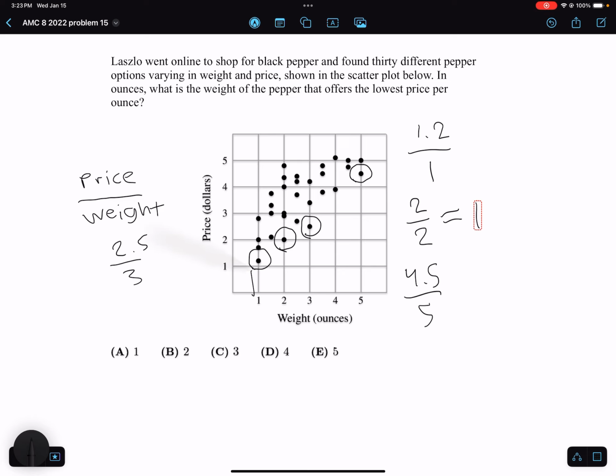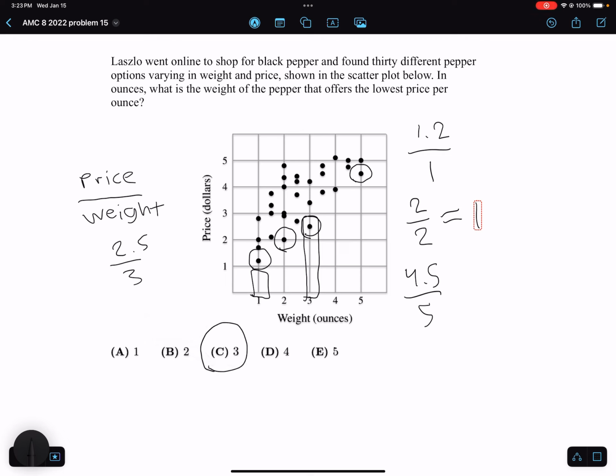And this weight 3 over here is the only weight that has a point with a price also less than 3. Also, the overall fraction is smaller because the weight and the price values are both smaller than we had with the 5s over here. That means the weight of the pepper that offers the lowest price per ounce must be 3. Answer choice C. So that's how we would solve that problem.